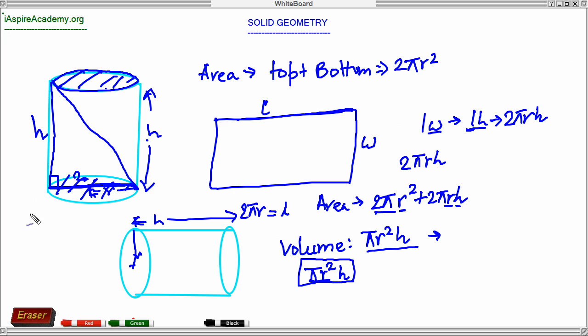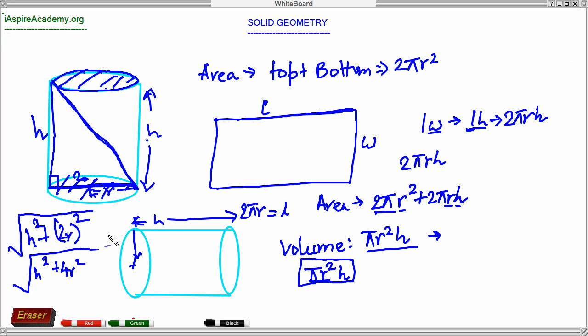So applying the Pythagorean theorem, the long diagonal is the square root of h square plus 2r square, so h square plus 4r square under the root. So this is the diagonal of a cylinder. That's all about cylinders. We'll talk about cones and a few other shapes in our next lesson.